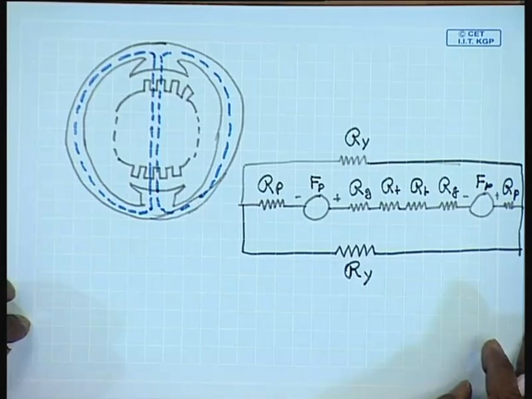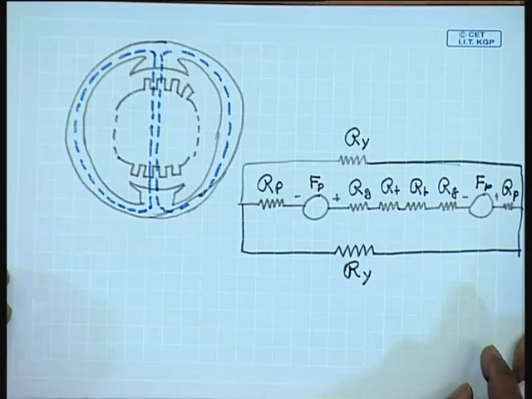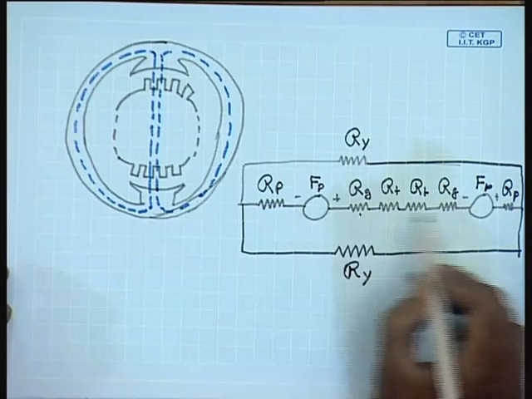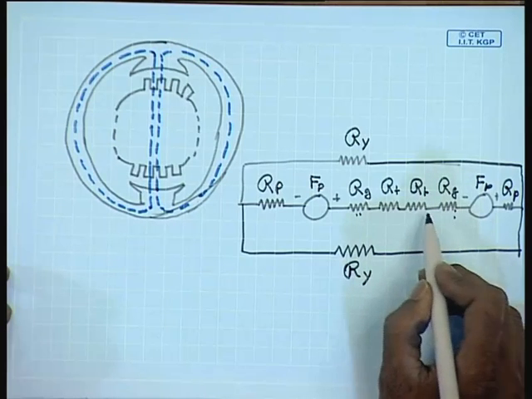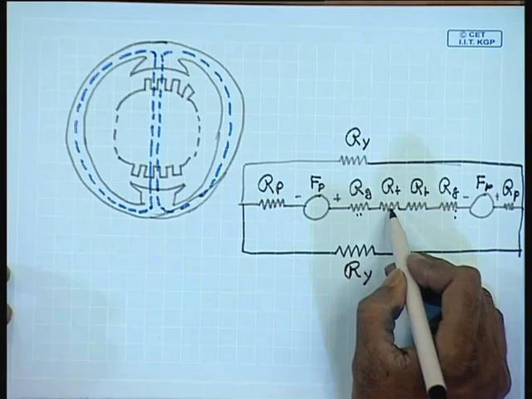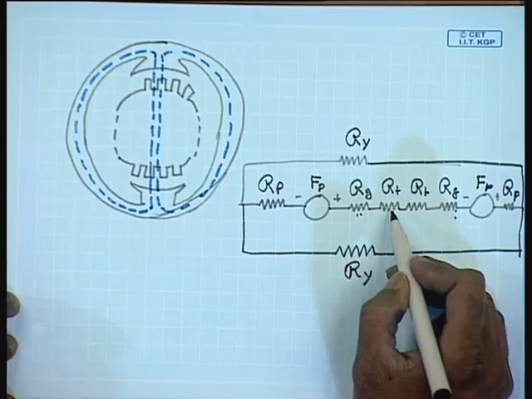As we see from this magnetic equivalent circuit, except for the reluctance of the air gap, all the other flux paths contain iron, which is a ferromagnetic material and shows prominent saturation.